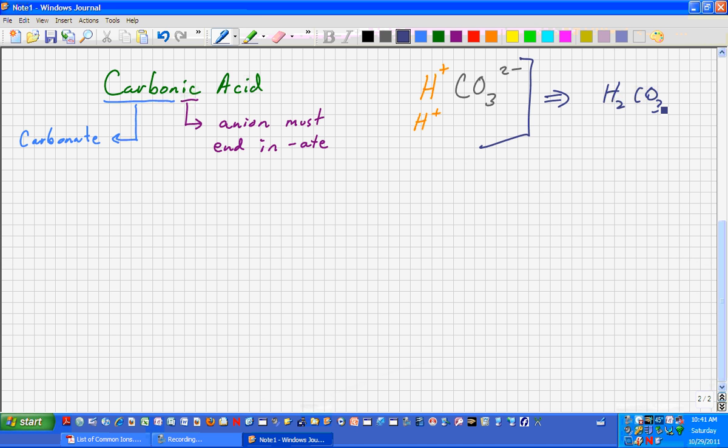Let's go ahead and walk through another example. Let's take something like acetic acid. Again, I know it's going to start with hydrogen, so I'm going to write down hydrogen. I'm just going to put plus on there right now because I know eventually I'm going to mess with the ions. Next thing I do is take a look at my ending. Again, ic tells me the anion must end in ate.